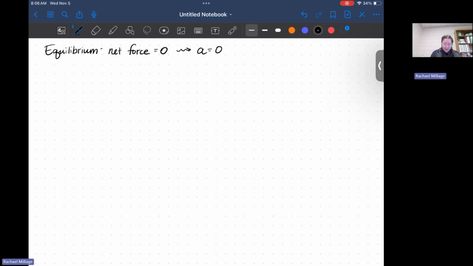Just because acceleration is equal to 0 does not mean that our velocity equals 0. It simply means that our velocity is not changing. So it does mean that velocity is constant.